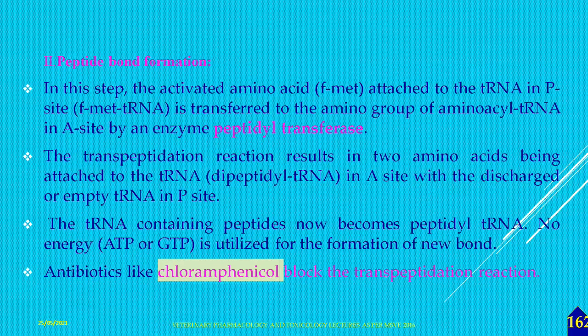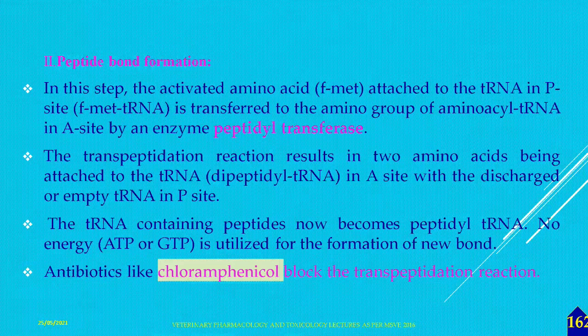The second step is peptide bond formation. In this step, the activated amino acid, the F-met attached to the tRNA in the P site, is transferred to the amino group of the amino acid tRNA in the A site by the enzyme peptidyl transferase. The transpeptidation reaction results in two amino acids being attached to the tRNA, which is called the dipeptidyl tRNA in the A site, with a discharged or empty tRNA in the P site.